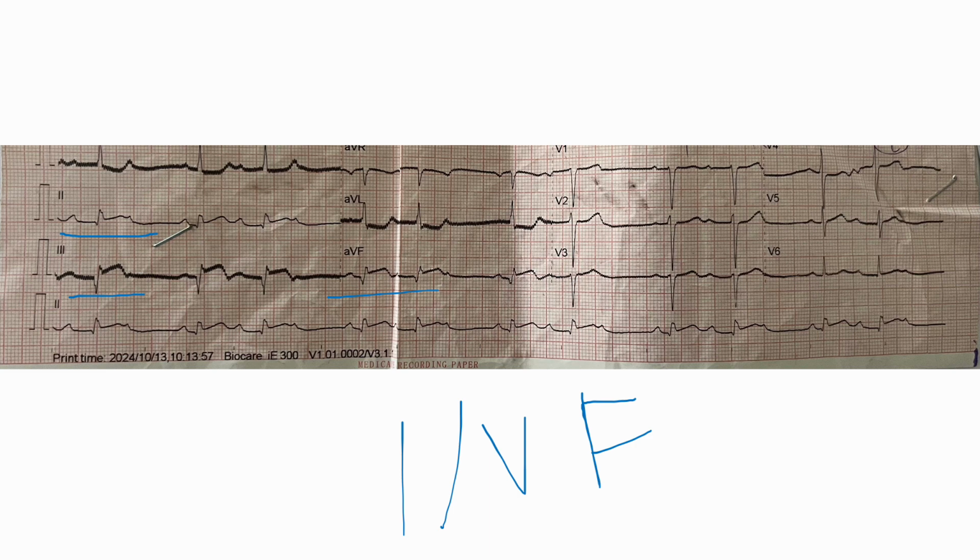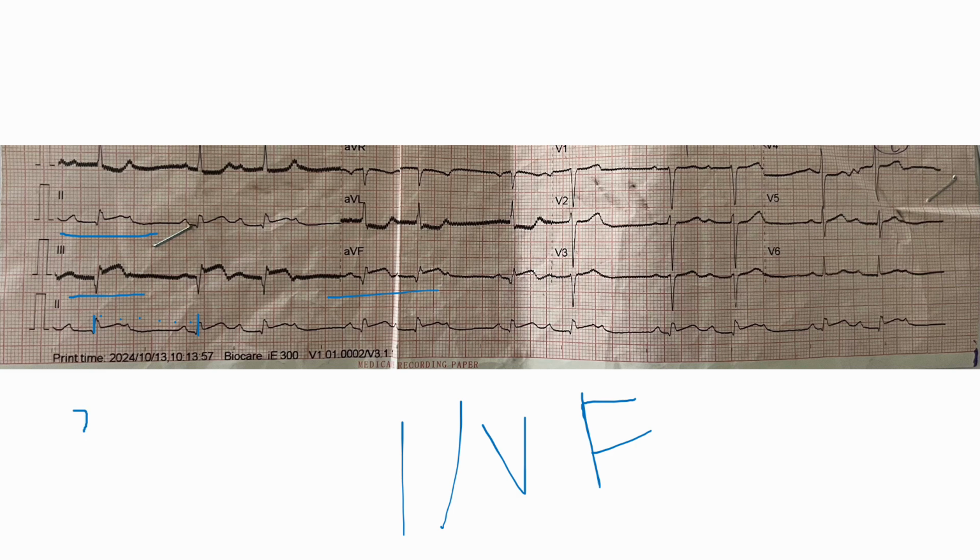In this ECG, we can calculate the heart rate. In order to calculate the heart rate, just look at one R, which is here, and another R, which is here, and calculate the number of big boxes between them. So we have 1, 2, 3, 4, 5, and around 6.